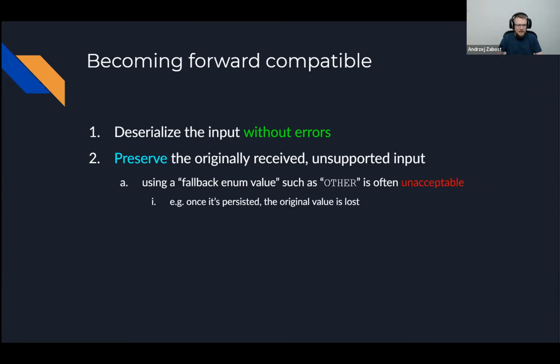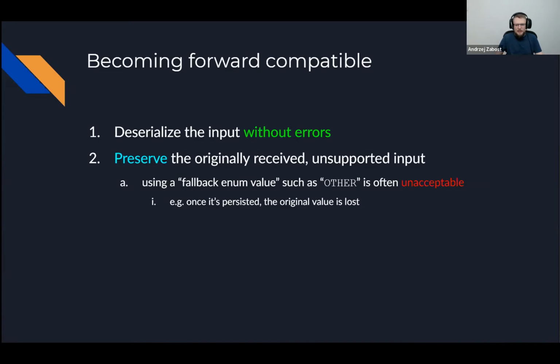And at this point, it's important to remember that replacing the value we received with some kind of fallback value is often not enough, because we are losing the original value this way. And I've seen some blog posts around the internet from people who suggested this kind of solutions. So I hope they are not caching this data that they receive and replace with something else, because, well, this is not going to work well for them.